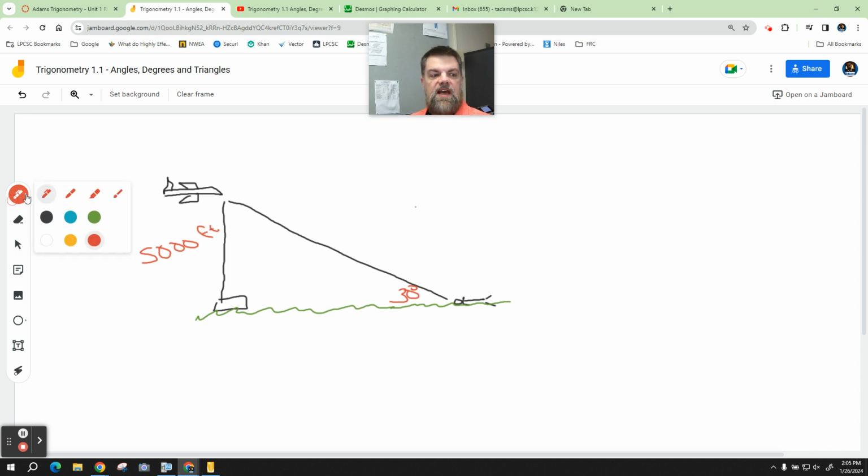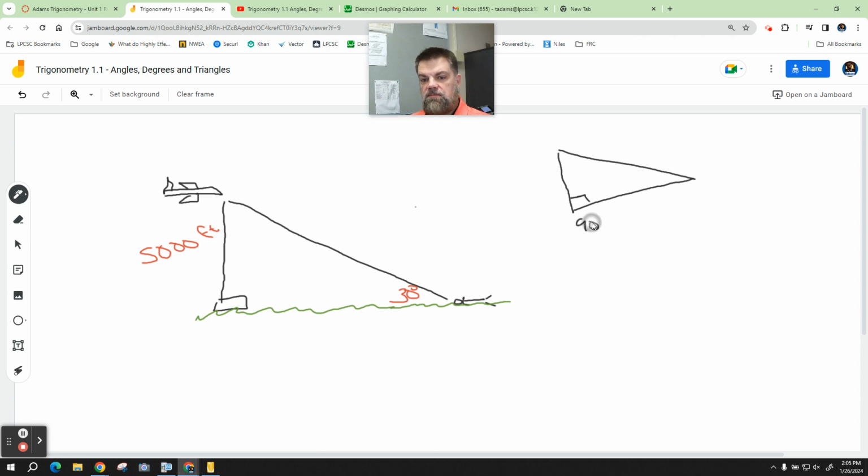So just to kind of recap your memories, this triangle here, this perfectly drawn triangle, is a right triangle. This is 90 degrees. If this is 30 degrees, then what is this angle here? 60, because they have to be complementary.